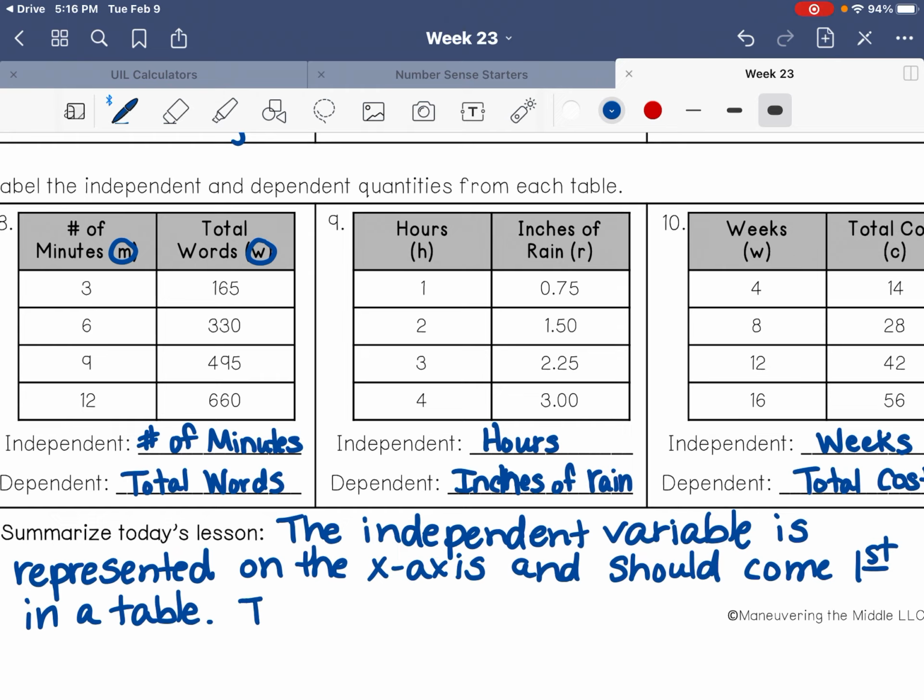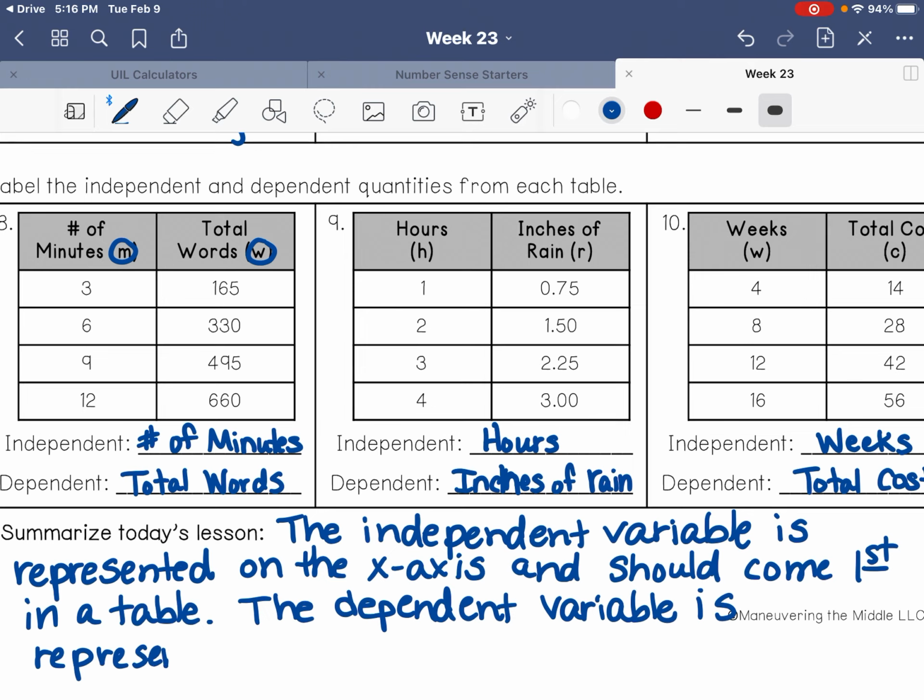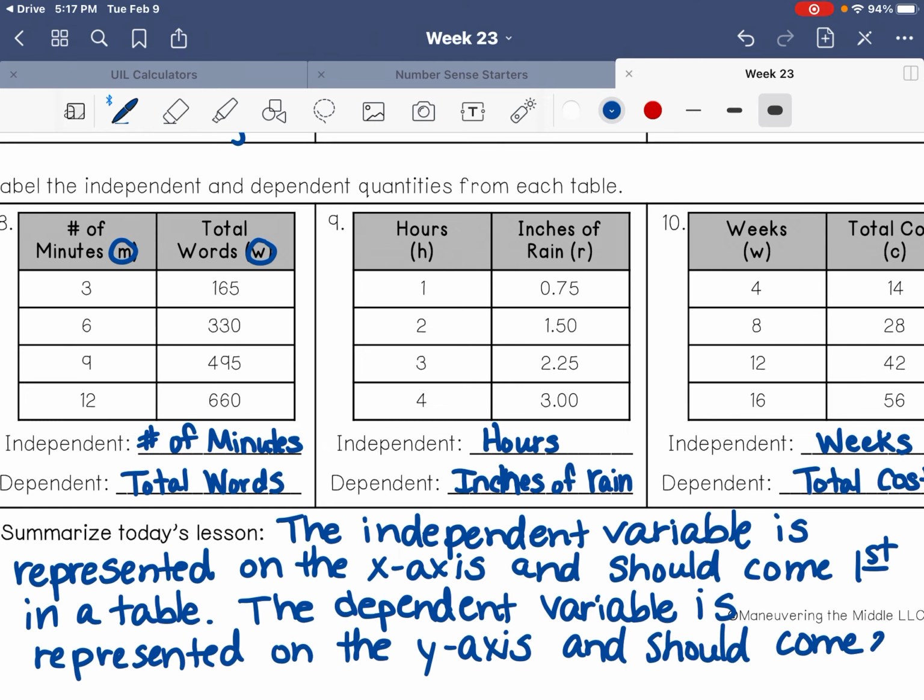The dependent variable is represented on the y-axis and should come second in a table. I about ran out of room.